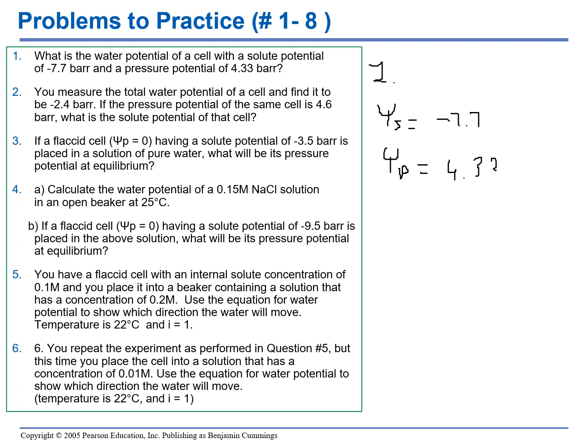So what you would do in this problem, for water potential, is negative 7.7 plus 4.33.